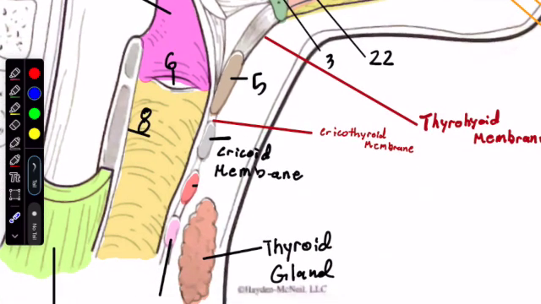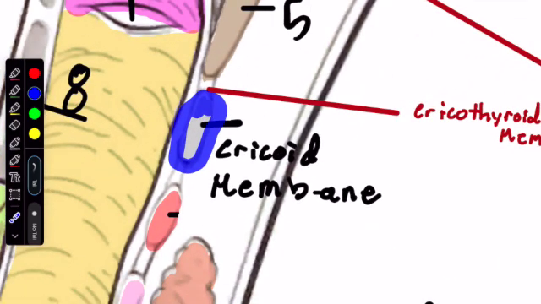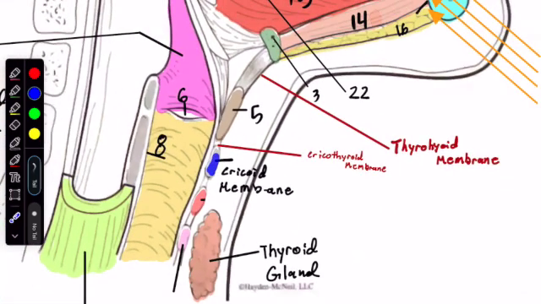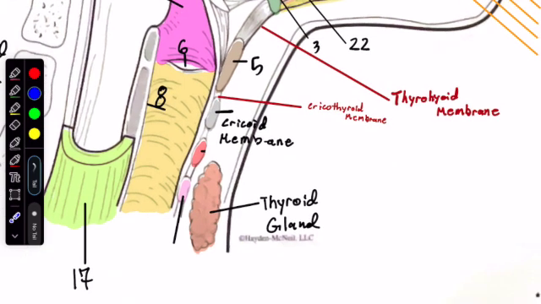And then right here in gray, I guess that was a bad color to choose. That's going to be your cricoid membrane. Now it's going to be your cricothyroid membrane in between those. And then your thyroid gland will be sitting down right here.